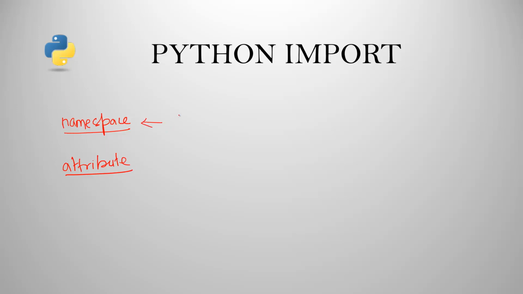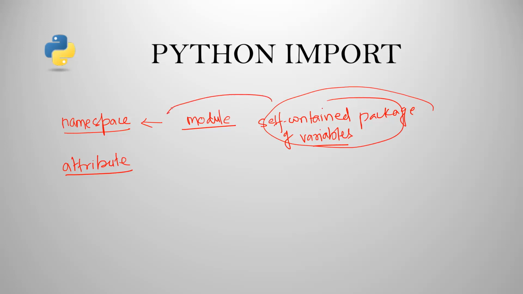Python programs are composed of multiple modules, and these modules are linked together by import statements. Each module file is a self-contained package of variables, and this package is called the namespace.